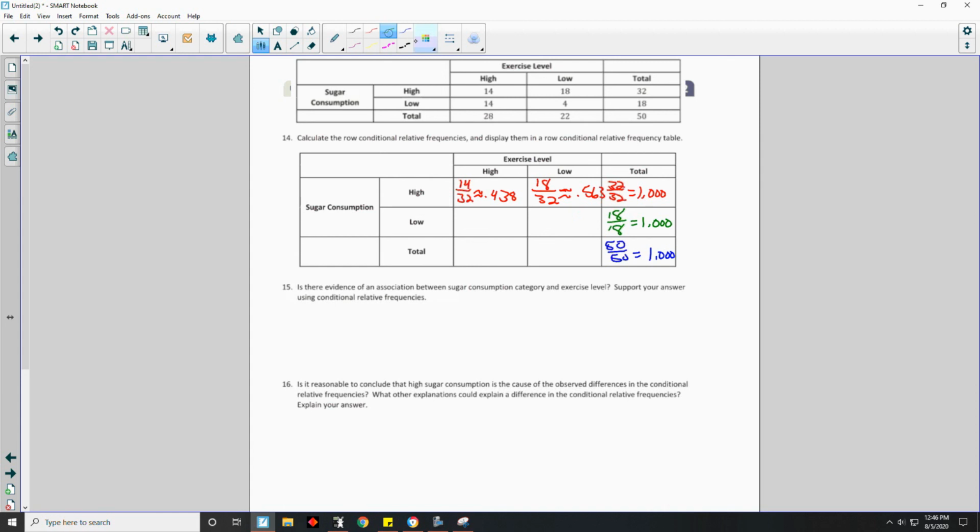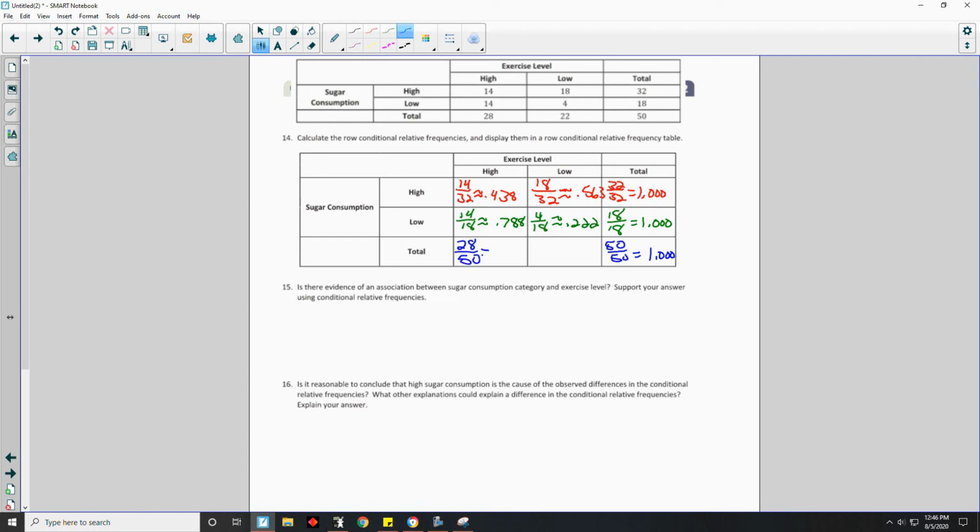Okay, so it's to green here, 14 out of 18, which is approximately 0.788. 4 out of 18, which is approximately 0.222. And then finally the totals. The totals was 28 out of 50.